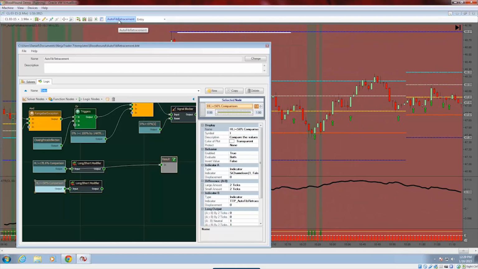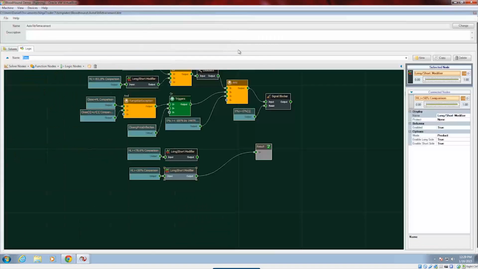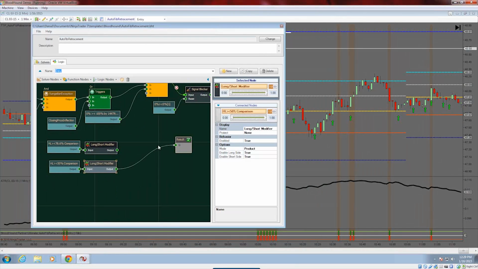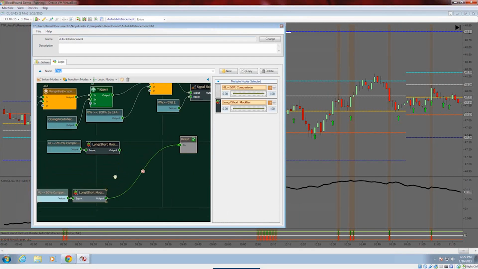But just to make it less confusing, I use the long-short modifier so that we're singling out only those bars that are touching. And then when I connect this one, it's going to show every bar that's touching the 50. You see? So let's not use the 50 just yet.